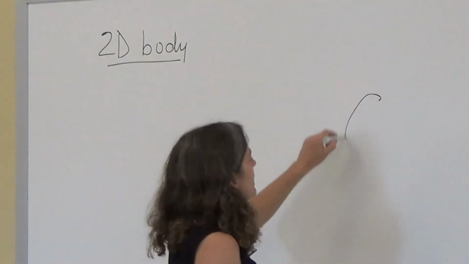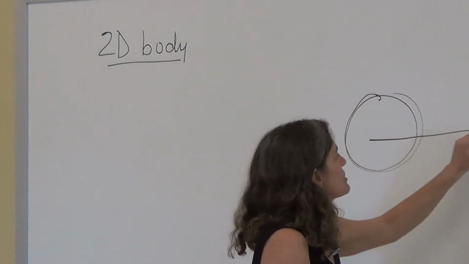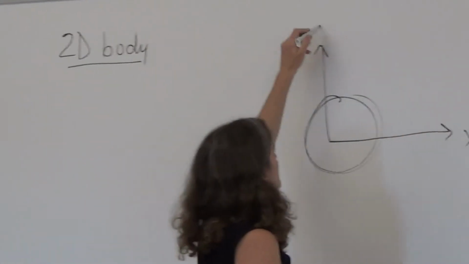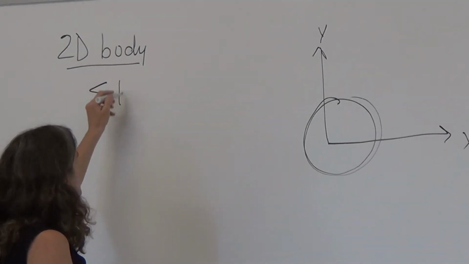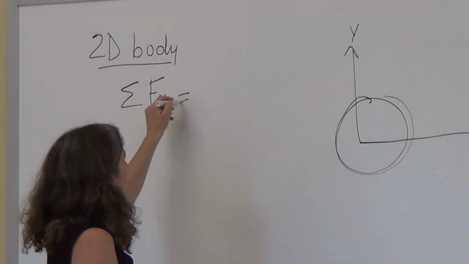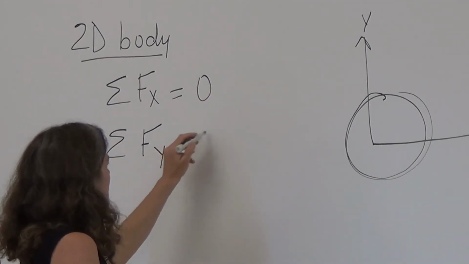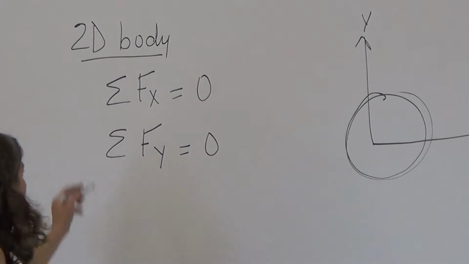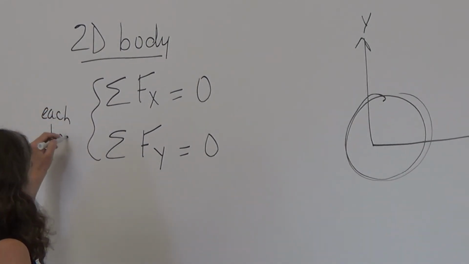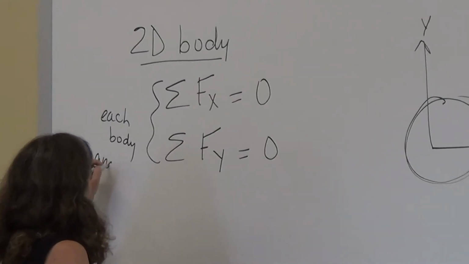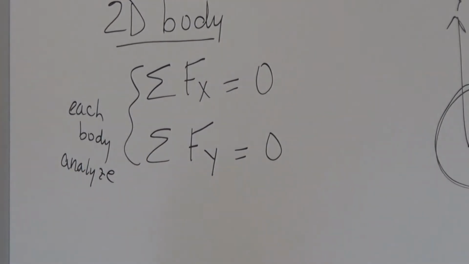If it's not moving, and this is the x direction and this is the y direction, couldn't I say the sum of the forces in the x equals 0, and the sum of the forces in the y equals 0? Does everybody agree? So for each body that I analyze, I have two equations.